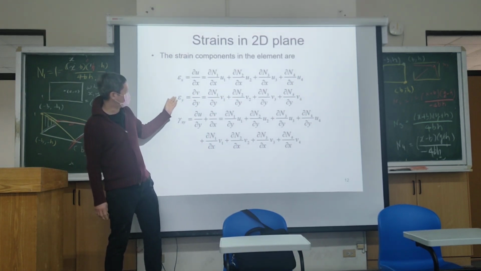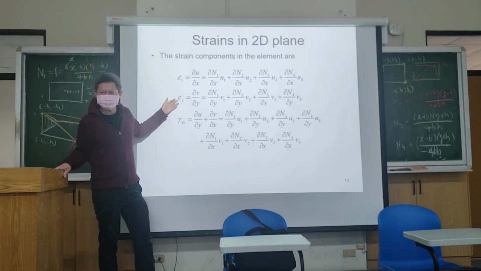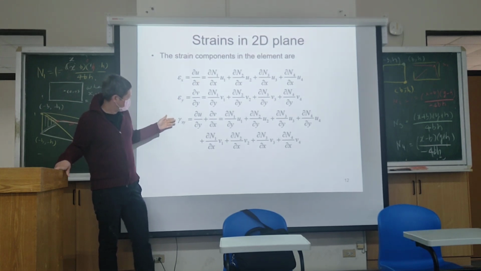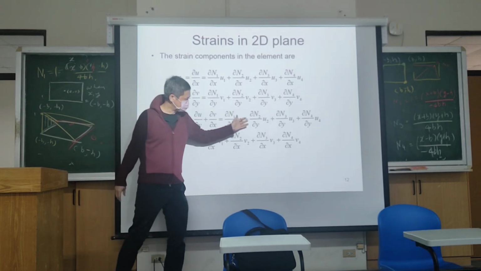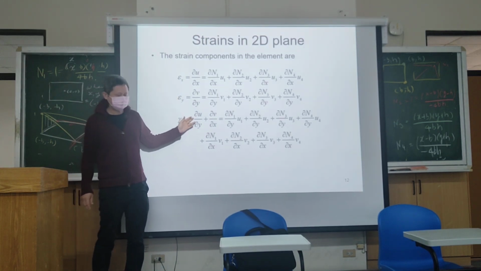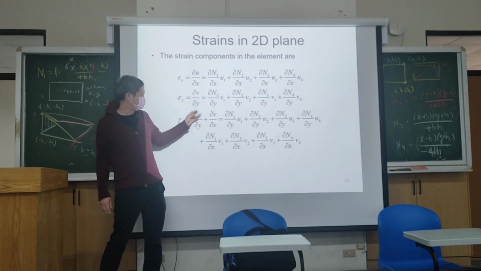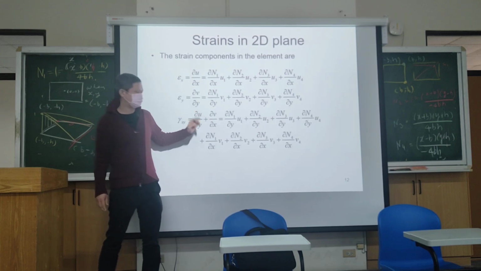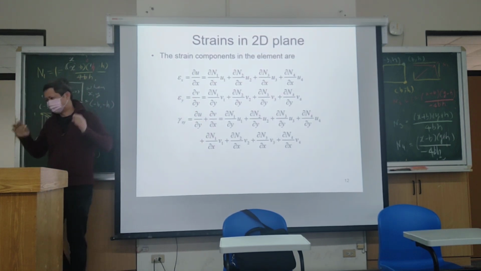We now do the repetition to define the strain in the y direction. The shear strain expression is more complex, but it's nothing but del u del y plus del v del x. So it's just an expansion.